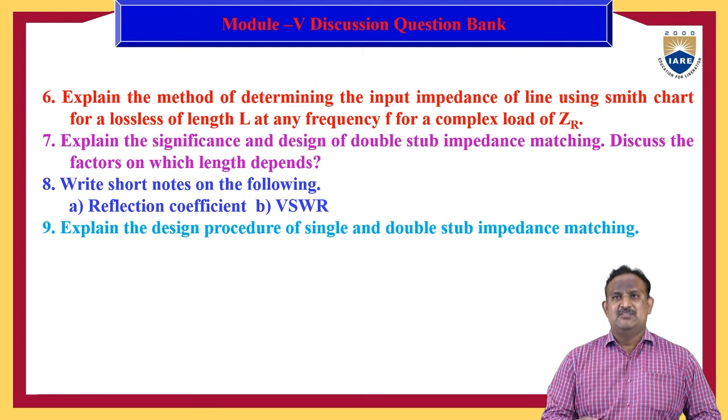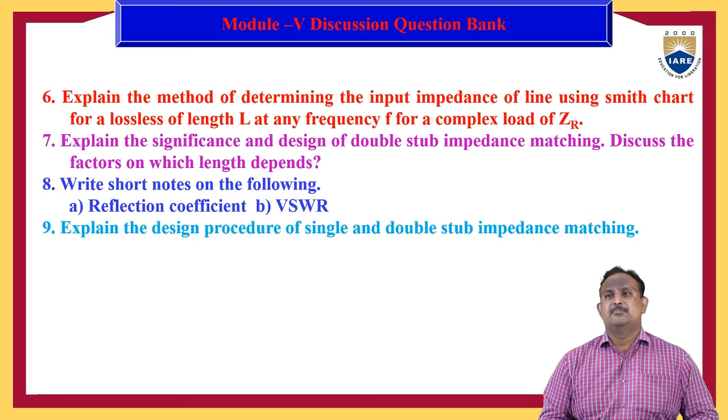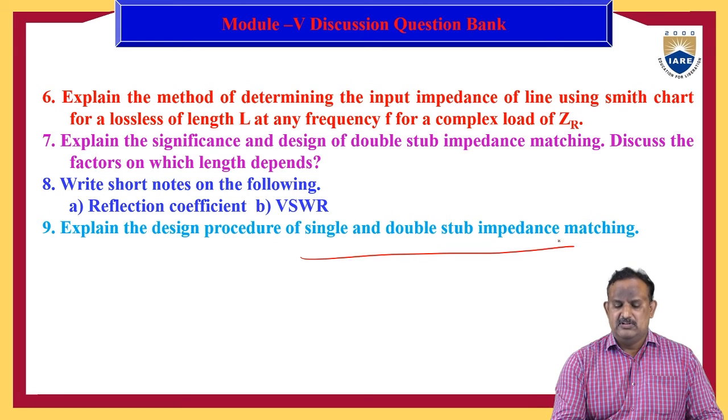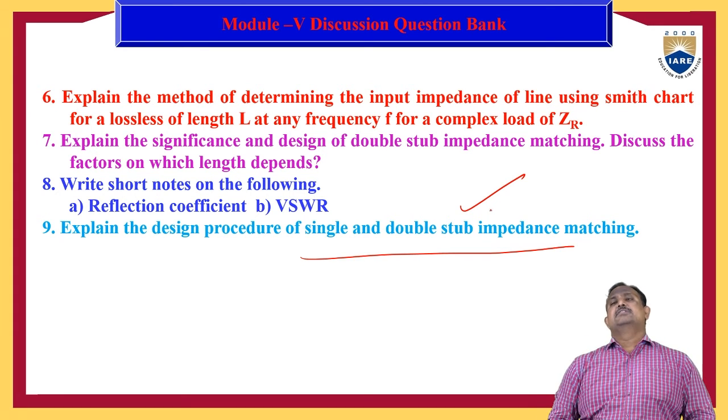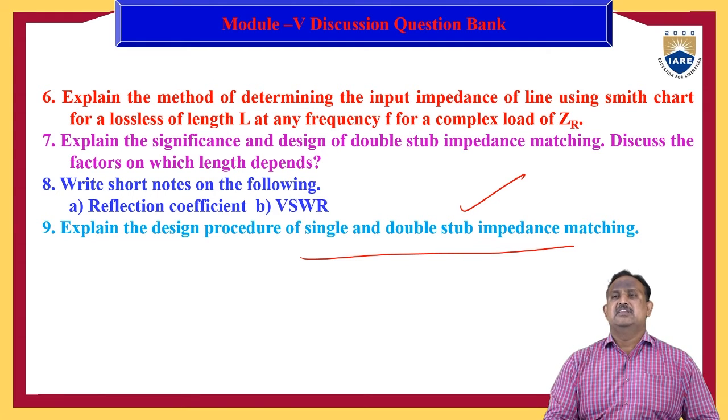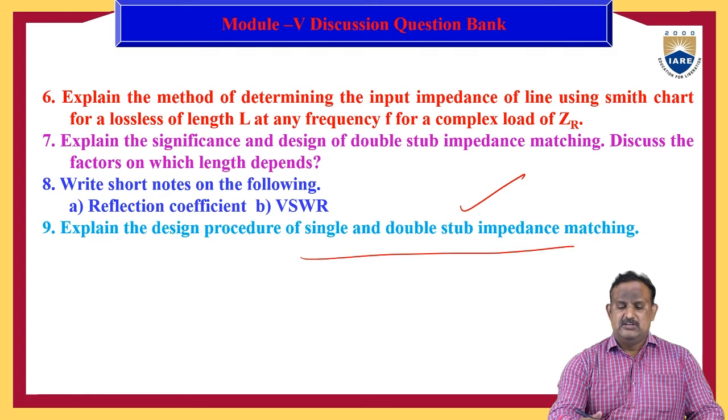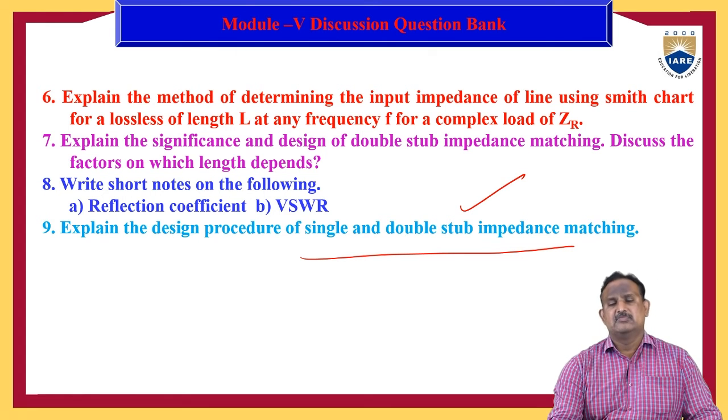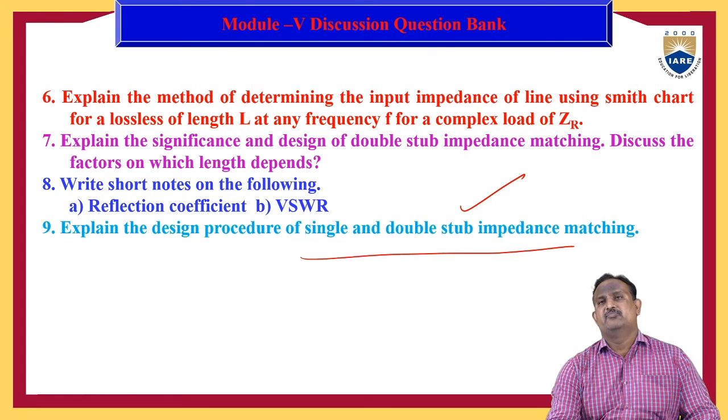Explain the design procedure of single and double stub impedance matching, including the design derivations. These are the different important derivations in module 5, transmission lines 2.